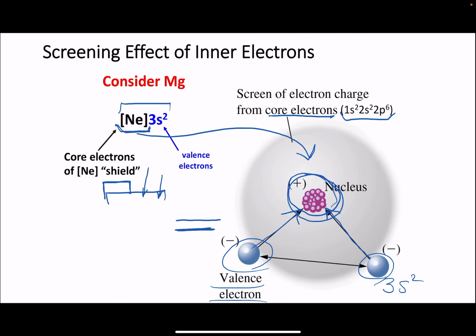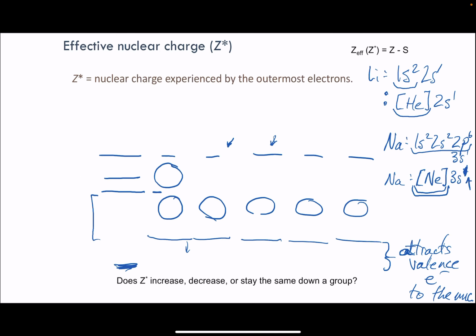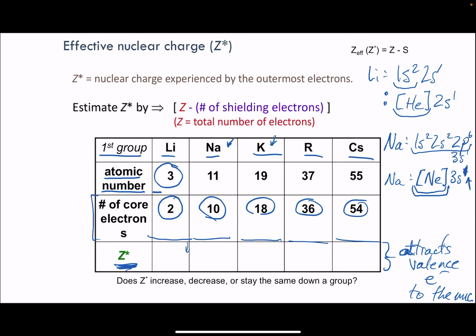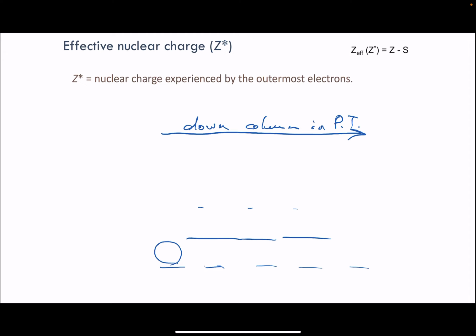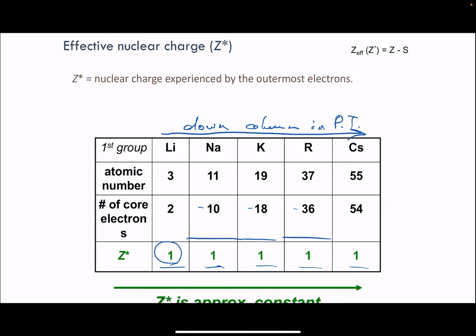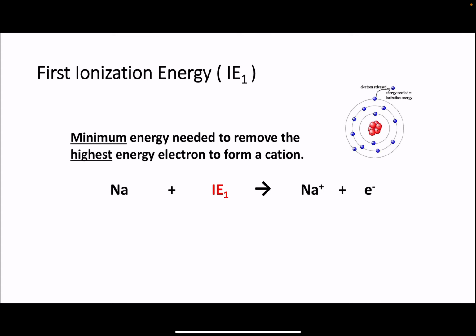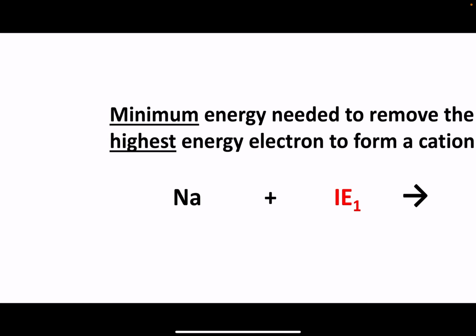Now, when we look at the situation for a row in the periodic table, we see that the effective nuclear charge increases as we go across the periodic table.